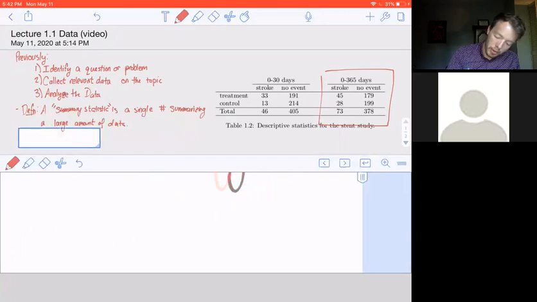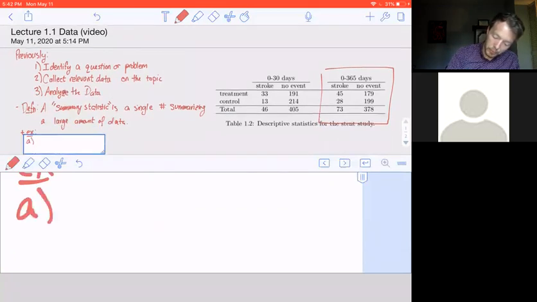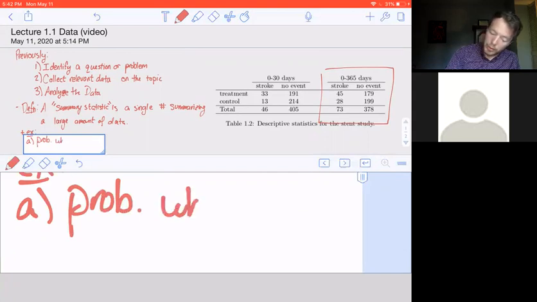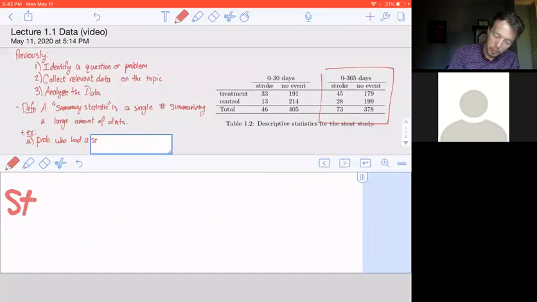So we're going to start in trying to unpack what this means. We're going to use two examples. The first, the proportion who had a stroke in the treatment group.